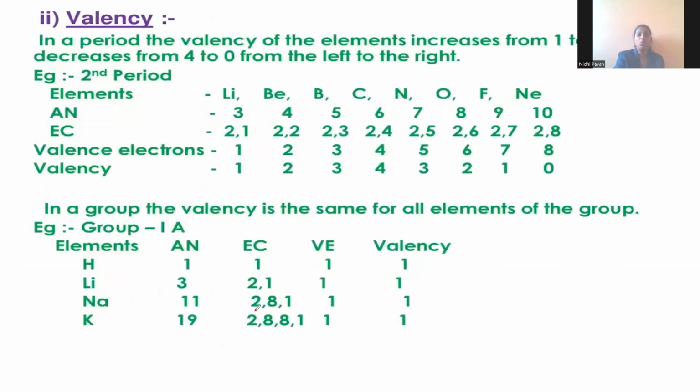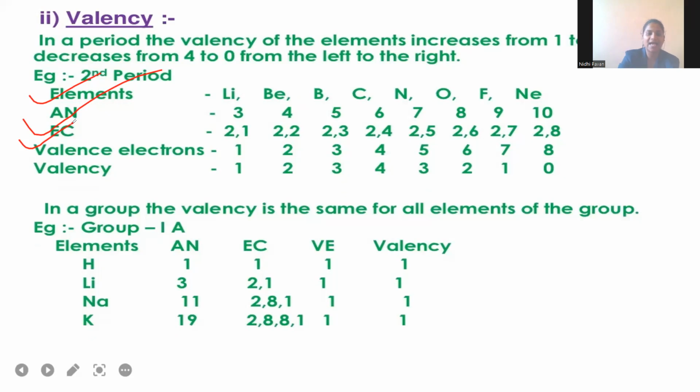Next, valency. What is valency? In a period, the valency of the element increases from 1 to 4 and then decreases from 4 to 0 from left to right. Let us consider again the second period: atomic number, electronic configuration, valence electrons, right? The valence electrons will be increasing by 1 along the period.